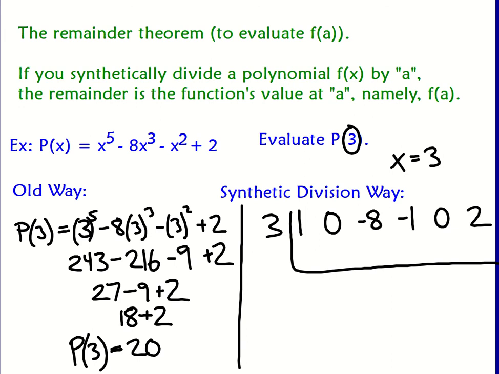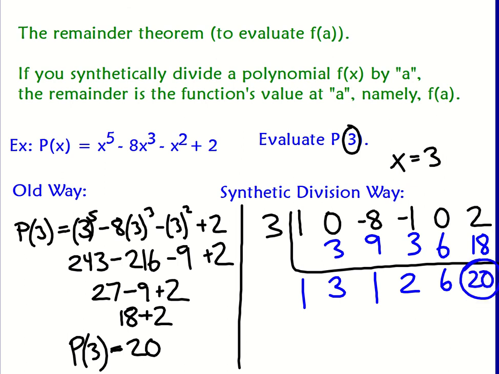And so now let's just synthetically follow this up and see what we get. Drop down the 1. 1 times 3 is 3. Add, and multiply and add, and multiply and add, and multiply and add, and multiply and add, and I get 20 for the remainder.